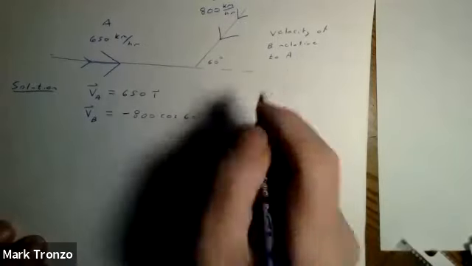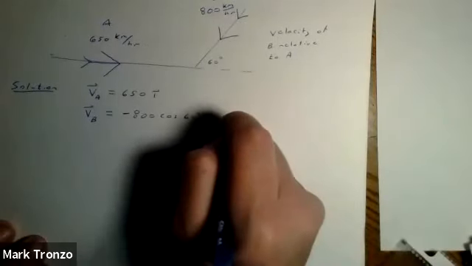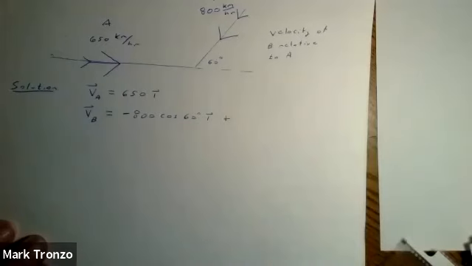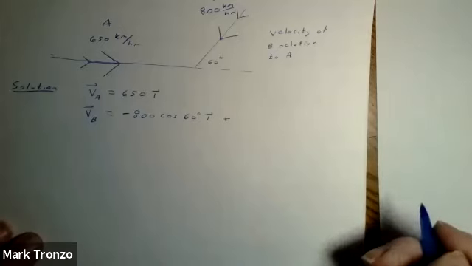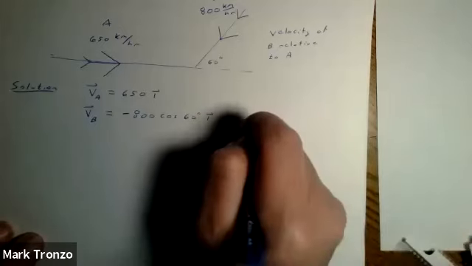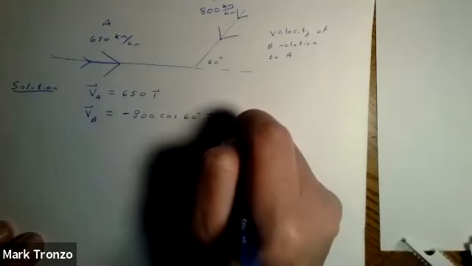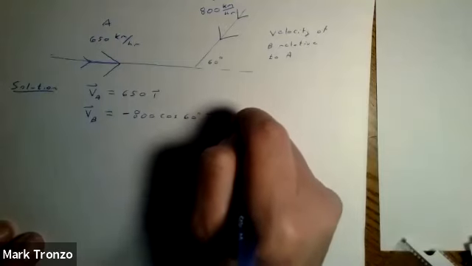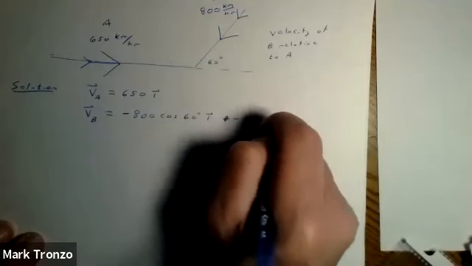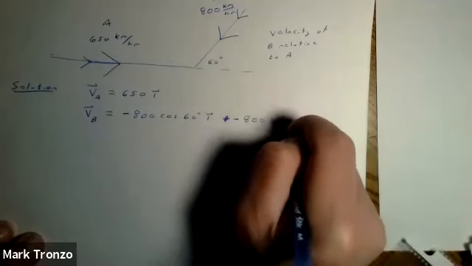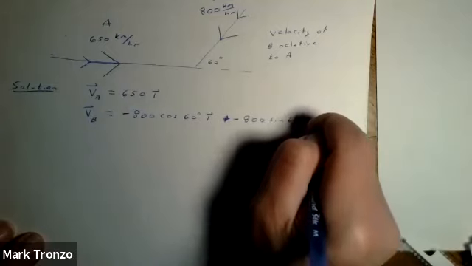And then how about for the j component? What would we put for that? A volunteer. Good. Minus 800 sine 60 J. I threw everybody off by putting a plus there.